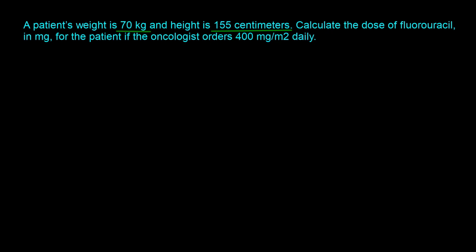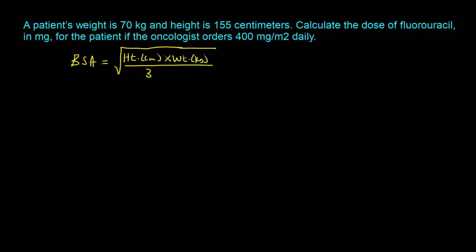So because the units of weight is kilograms and the units of the height is centimeters, we will use this version of the Mosteller equation. And that version will be your body surface area, BSA, is equal to the square root of the height in centimeters times the weight in kilograms divided by 3600.